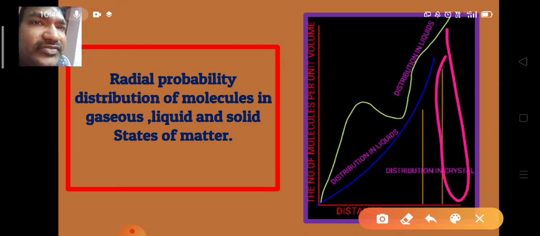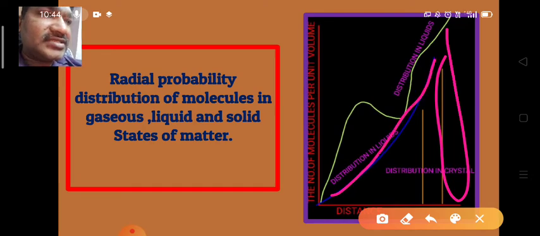Now here for solids we have the straight lines. That means in solids the molecules are packed closely to each other, so long distances are not there. As a result, within the limited area we can find a large number of molecules. So we find a particular order in the solids. In the gases, we get a parabola.